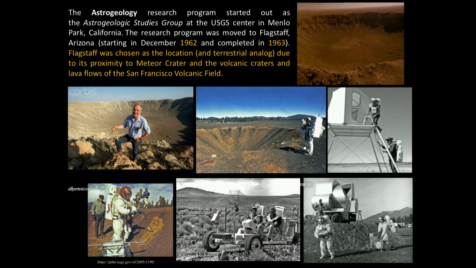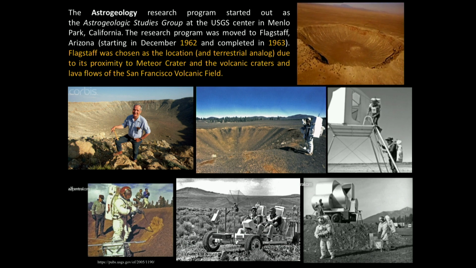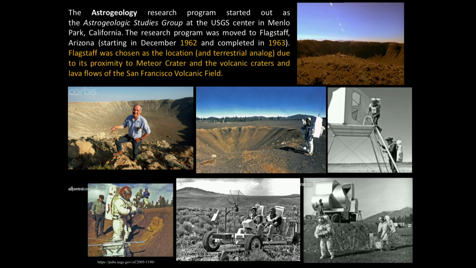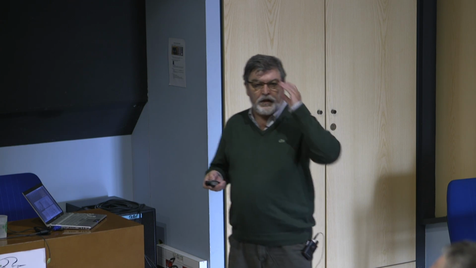So you can see here the old times in black and white, with the astronauts moving not only in the meteor crater but also in the volcanic craters and lava flows of the San Francisco volcanic field. What we are trying to do again now, after 50 years, in Lanzarote and in many other places, is with the ESA astronauts.